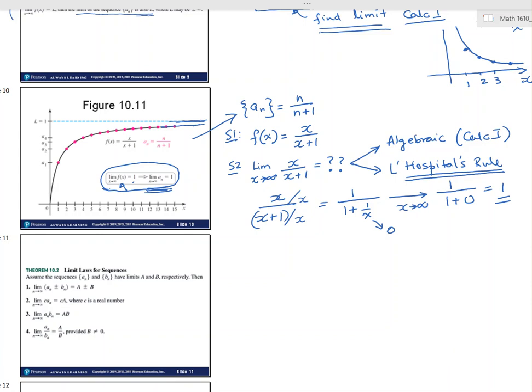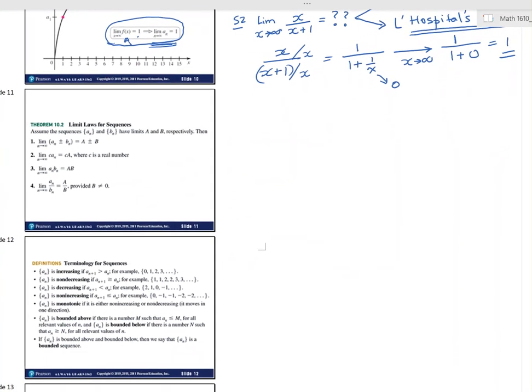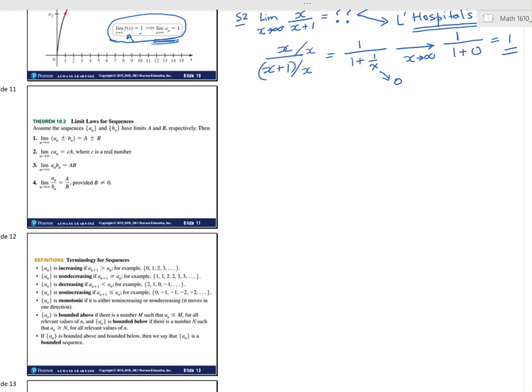Now before we practice more, let's just go through a few results and some terminology. So here are the limit laws of sequences, which are intuitively pretty clear. Suppose you have two sequences, one is a_n, the other one is b_n. a_n converges to a, b_n has the limit b.